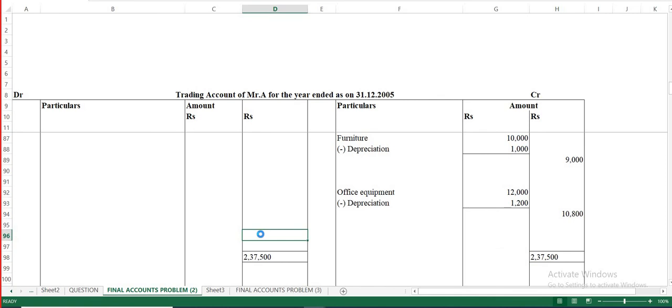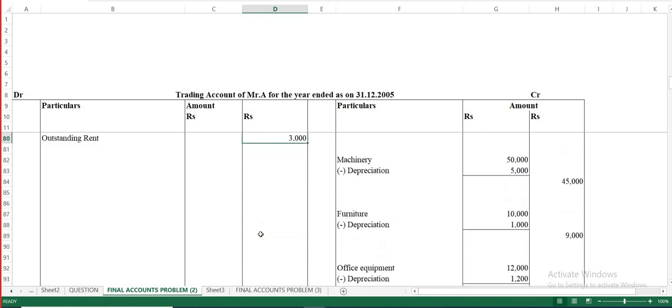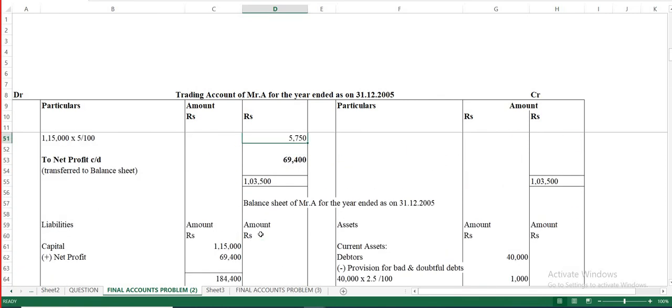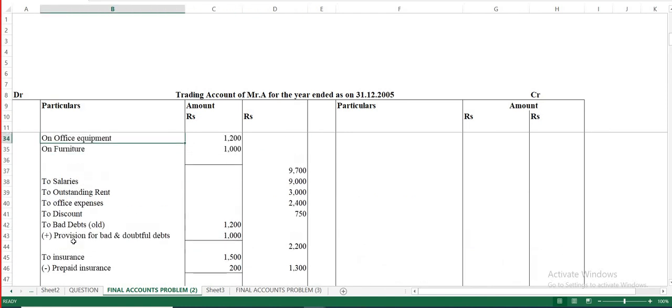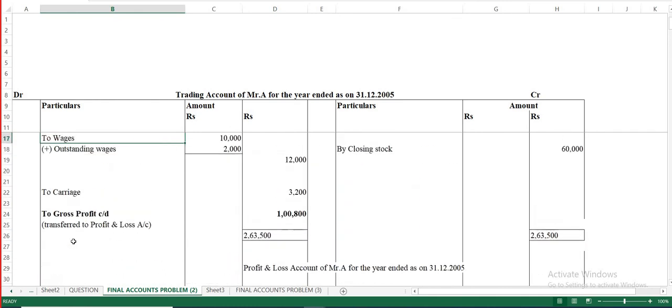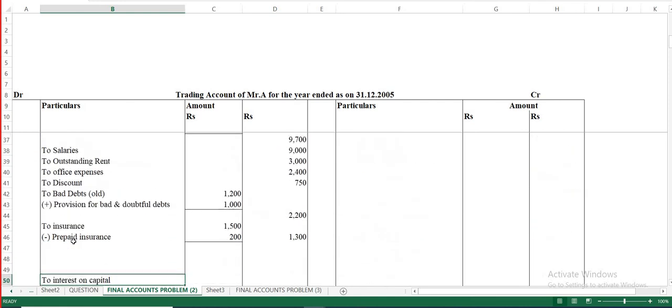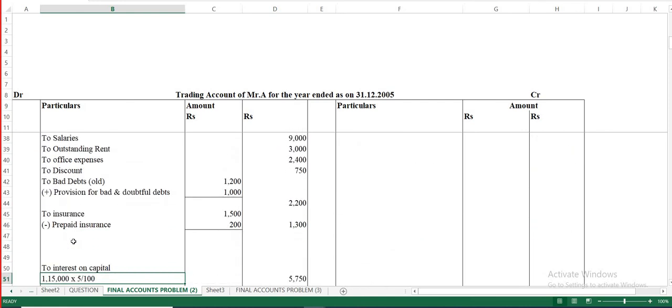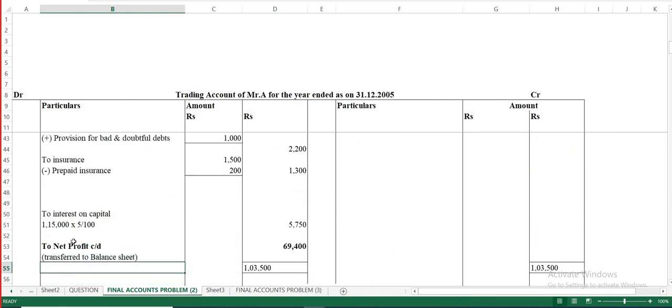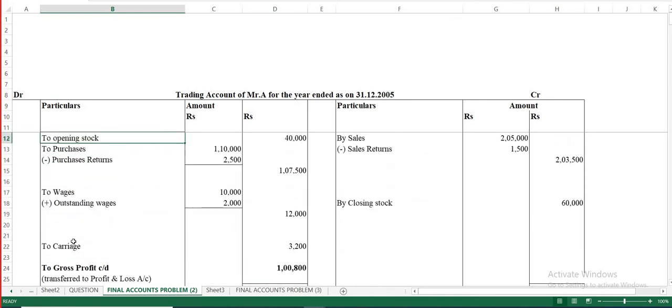Please use both sides of your accounts note. Mention the heading, balance sheet and all those things, liabilities and asset side. Similarly, for the trading account and profit and loss account, mention the heading. If you are using the second page of your accounts note, then please write the heading at the top: debit, credit, particulars, amount, everything at the top.